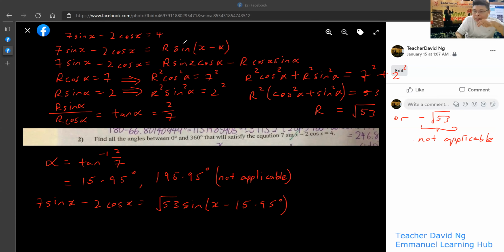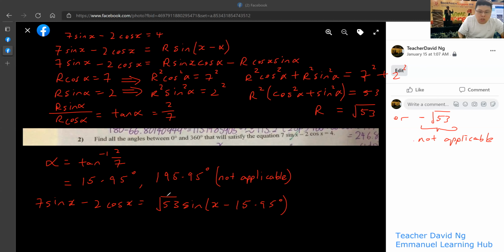If you notice the original equation, you have your sine function and your cosine function equal to an integer, and that makes it hard for you to solve this equation. So in order to solve this equation, you have to convert this expression 7 sine x minus 2 cosine x into this form, which is the R formula form.